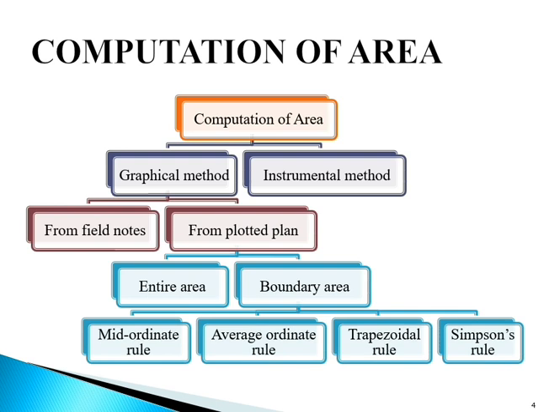When the boundaries are irregular, they are replaced by short straight boundaries, and the area is computed using approximate methods. In case boundaries are very irregular, the area can be determined by means of a planimeter.